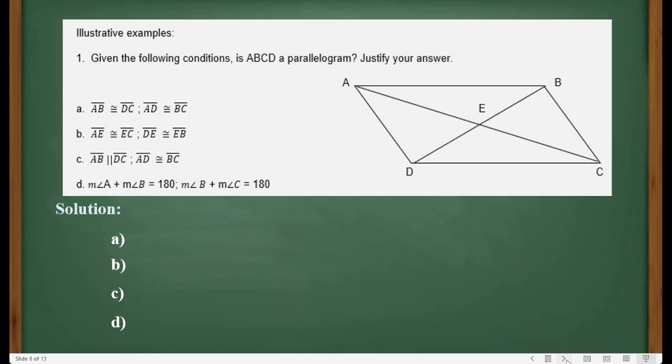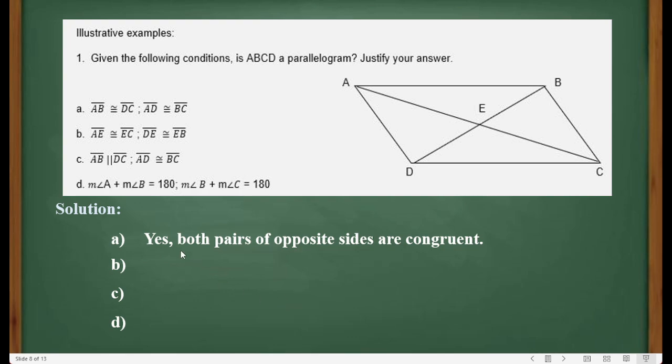Now, if your answer to letter A is yes, you are correct. And the reason is that both pairs of opposite sides are congruent. Now, these are the mathematical statements, and we verbally transform this to this verbal statement, okay?